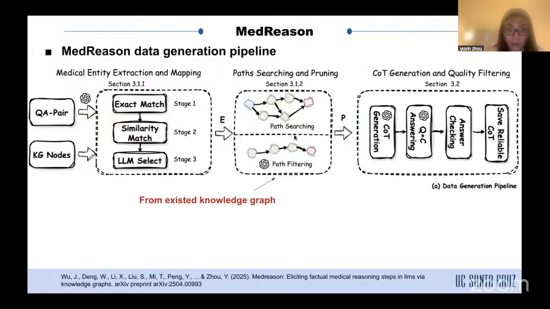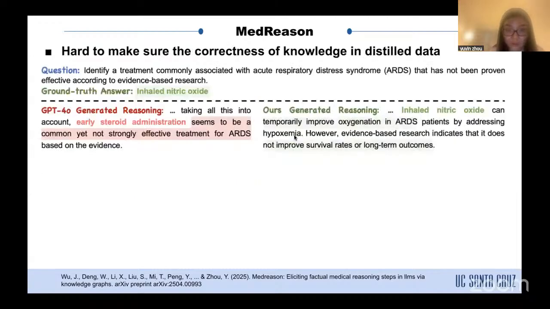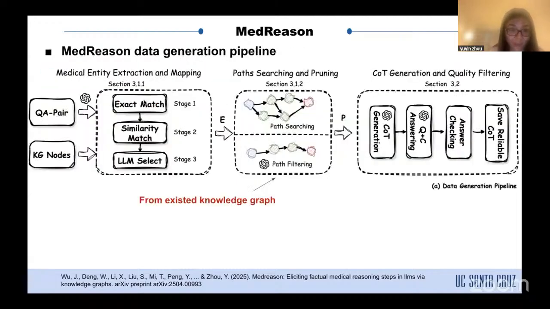So how do we ensure the correctness of the knowledge in this distilled data? We have proposed this MedReason data generation pipeline, which consists of 3 key steps. First, we do medical entity extraction and mapping, which is to decompose the QA pairs into the question set and the answer set, and extract the key entities from them to map into the different nodes of the knowledge graph.